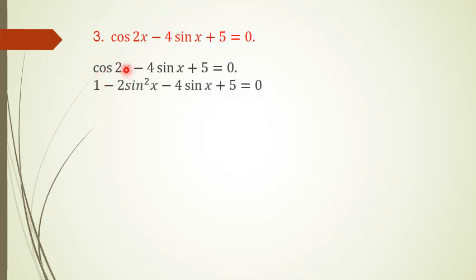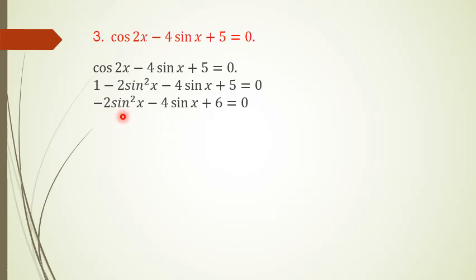So substituting for cos 2x, that's 1 minus 2 sine squared x minus 4 sine x plus 5 equal to 0. And collecting like terms, this 1 plus 5 gives us plus 6 here. So that we have minus 2 sine squared x minus 4 sine x plus 6 equal to 0.